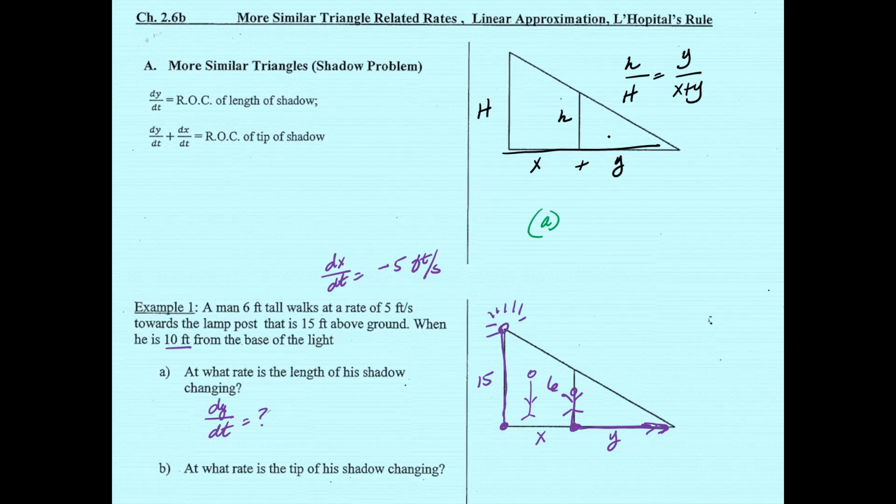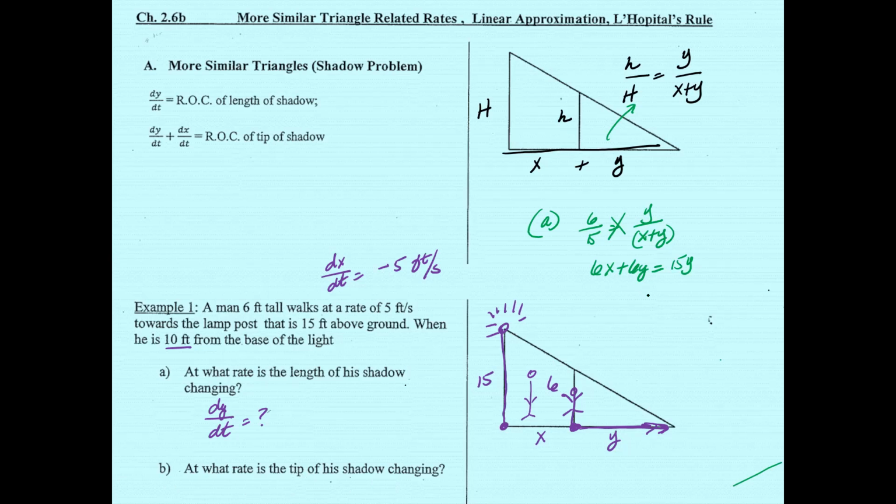So with the formula that I provided right here, let's go ahead and have 6 over 15 is equal to y over x plus y. I would suggest that you cross multiply this. So then you're going to distribute the 6. The 6x plus 6y is equal to 15y.